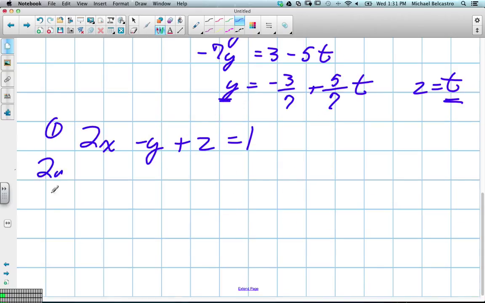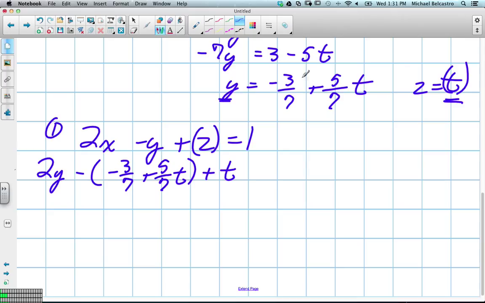So we have 2x subtract negative 3 over 7 plus 5 over 7t plus t for z, equals 1. So I've replaced z with t, and I've replaced y with our parameter. I did make an error. This should be an x. So now the only non-parameter unknown here is x.